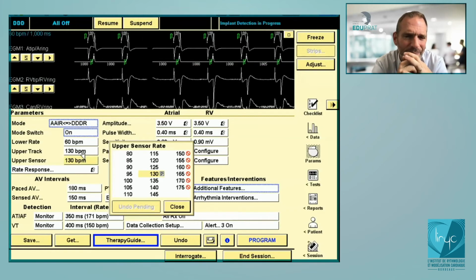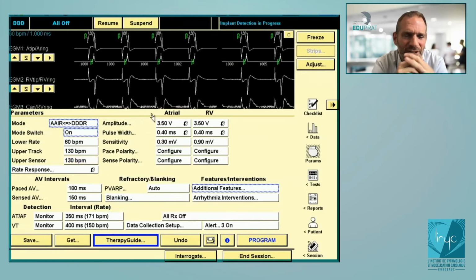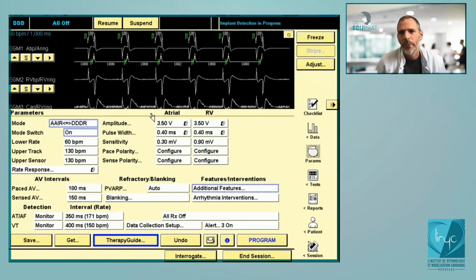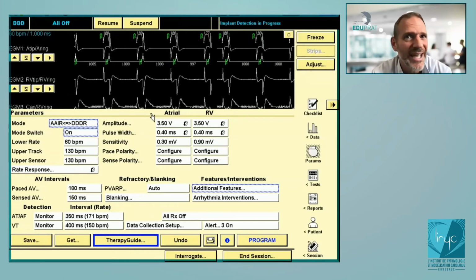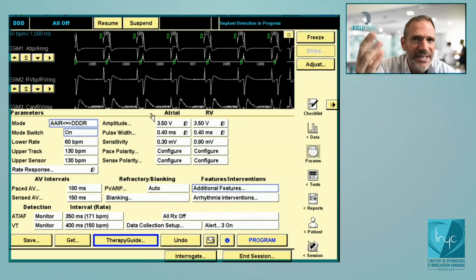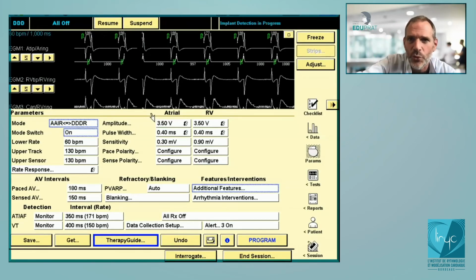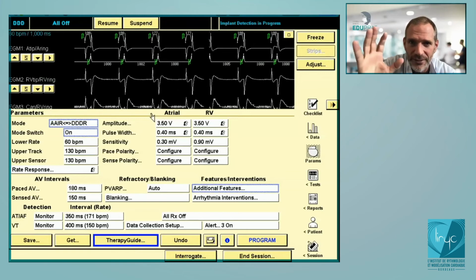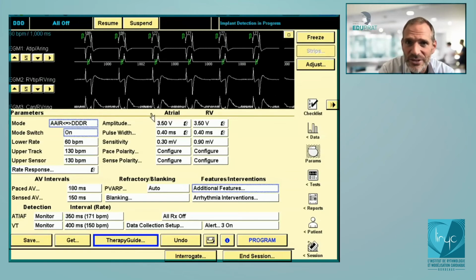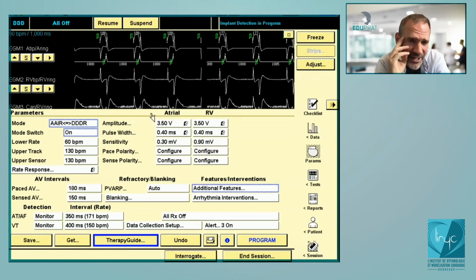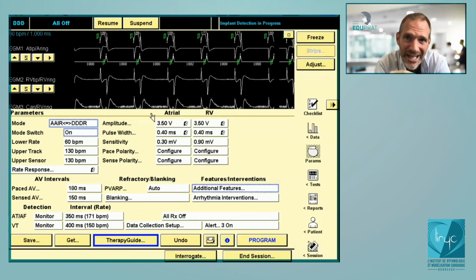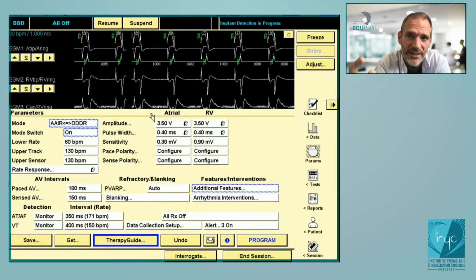Is this clear? Okay. So remember, if a patient is symptomatic during exercise, in a patient with AV block, I will think maybe it's 2-to-1 block, maybe it's a Wenckebach problem or this kind of thing. But that's not the case in a patient with sinus node dysfunction. In a patient with sinus node dysfunction, I will think about the adaptive pacing rate.